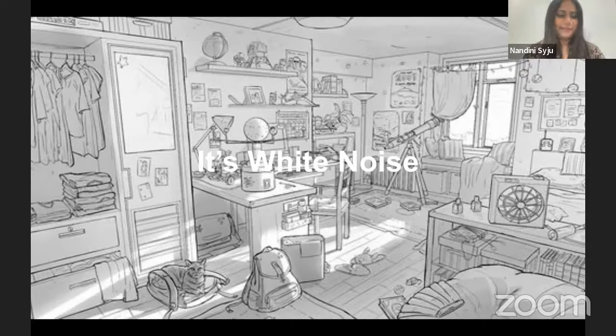What I mean by white noise is pretty much that there's just a lot of things going on. If you look at most of these scene drawings, there are 4 to 5 main things. Maybe it's the character, maybe it's 2, 3 objects, a piece of furniture, but there are a gazillion things going on in the background in low resolution.